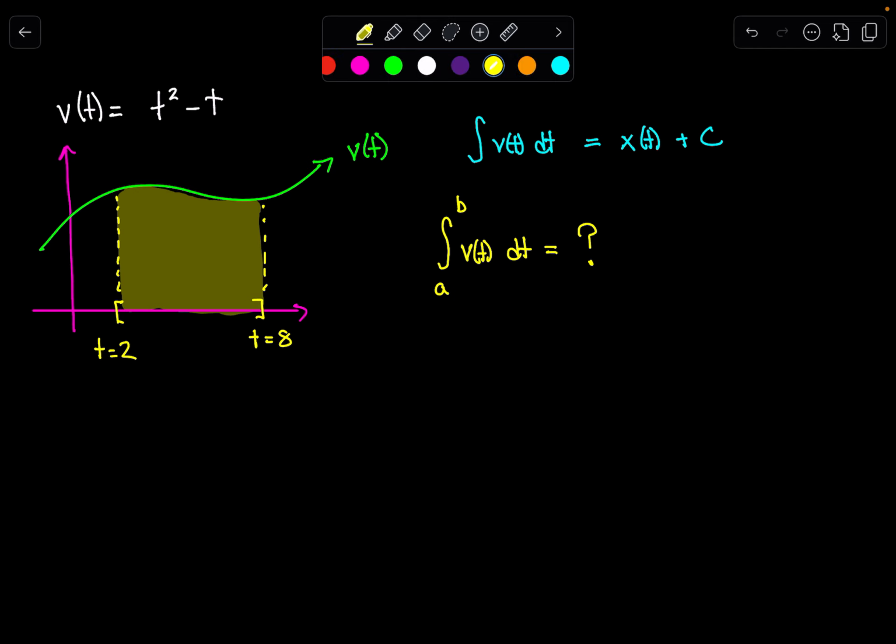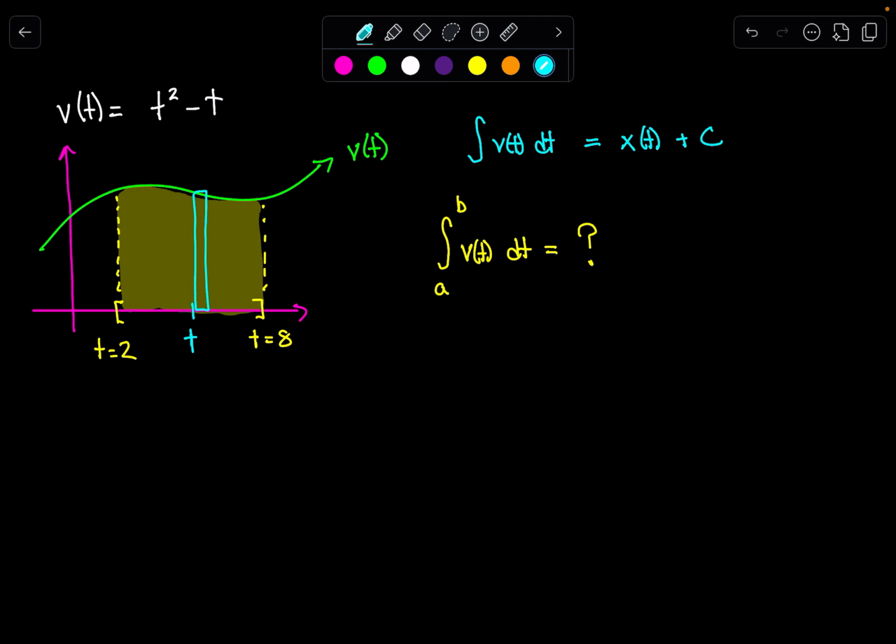Let's take it in a bite-sized manner first, and I think the answer is going to pop out. If I pick a random value of t here, what exactly does one of these little rectangles represent?